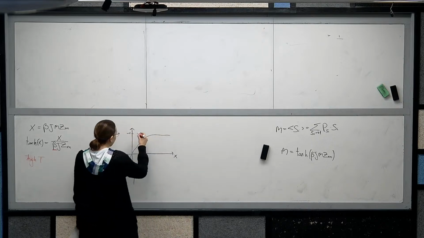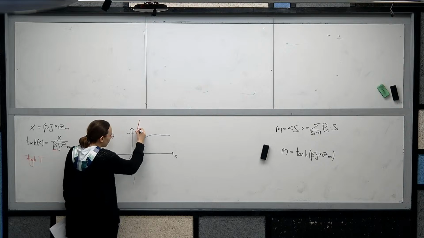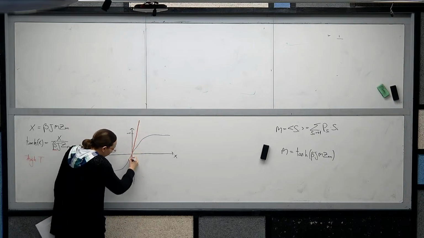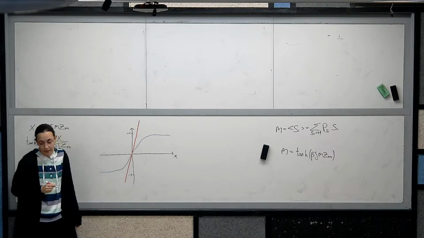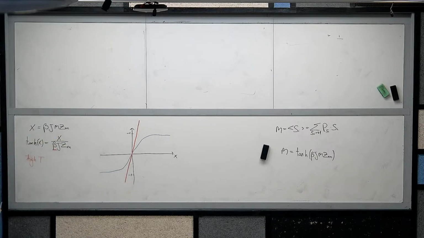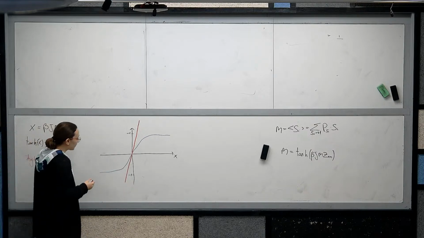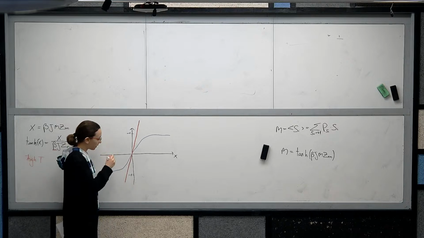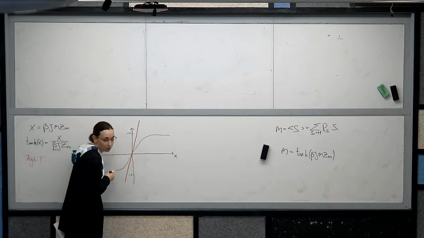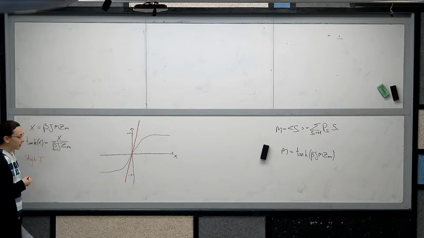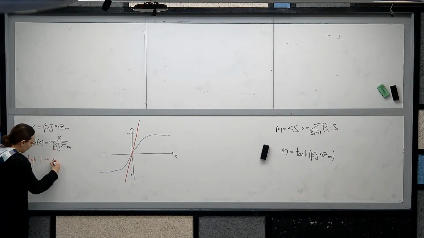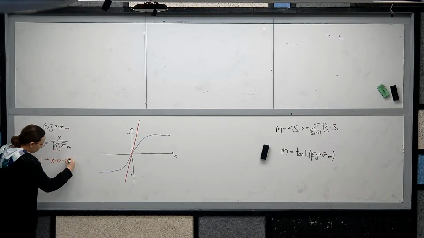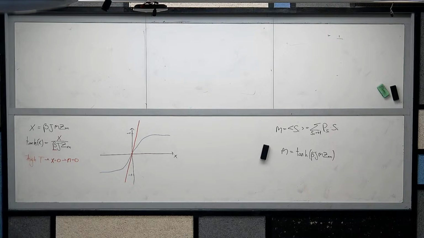Okay, so we will have a line like this. So this is for high T's, and we see we have one solution to this problem at x equals 0. X equals 0, so the other parameter also equals 0. Okay, great. So far so good.